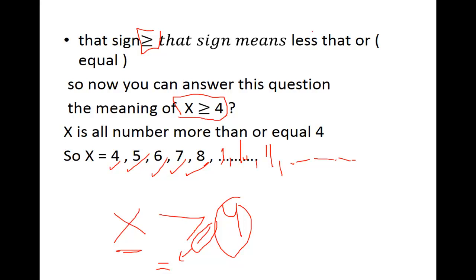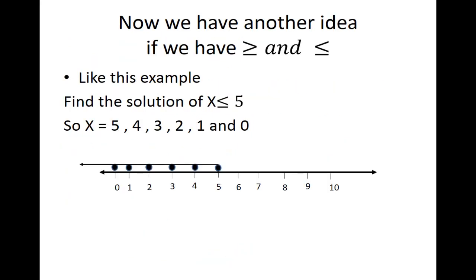We have more than or equal again, so you have to take the 4 as a solution also because of the equal sign. Now we have another idea. If we have less than or equal, like this example, find the solution of x less than or equal to 5.